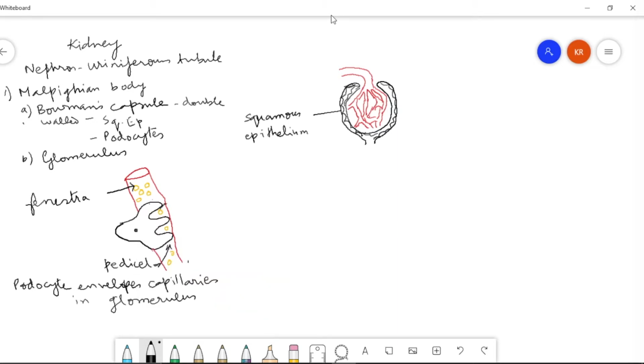So here I am drawing another podocyte that is now going around the other side. So there are several podocytes, let us draw it here.